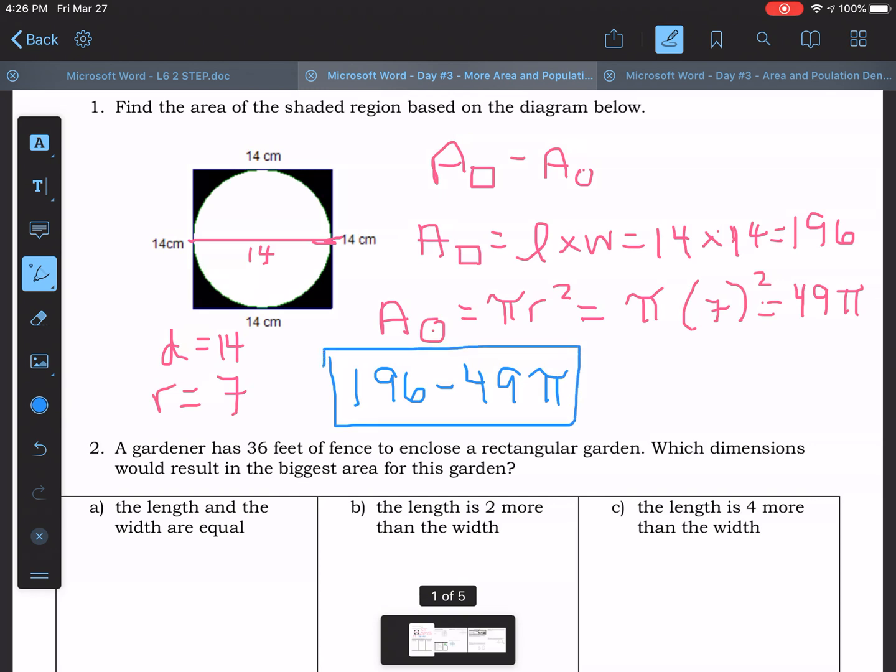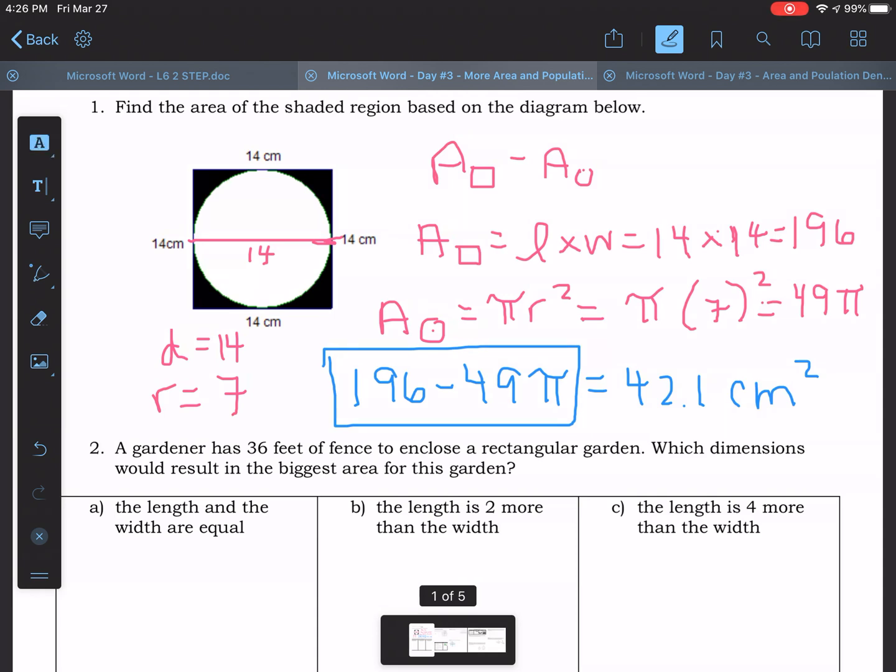Let's say I'd asked you to round your answer to the nearest tenth, then you would just plug this into your calculator and you would get 42.1 centimeters squared. The units for area are always going to be whatever the units are squared. And if you're not given the units, then I would just literally write units squared.